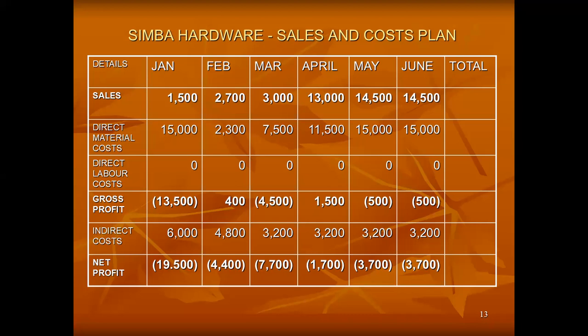And if you have a sales girl or a sales boy, please put that under indirect costs. Do not put it under direct labor costs. It does not work that way if you are running a sales business. You will see that there is still indirect cost there, and the indirect cost is about 6,000 naira here.